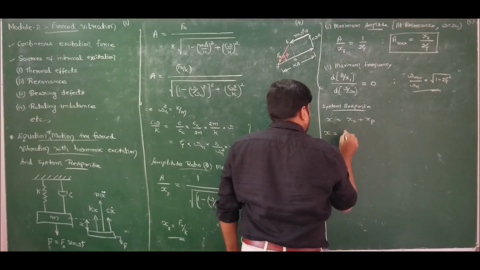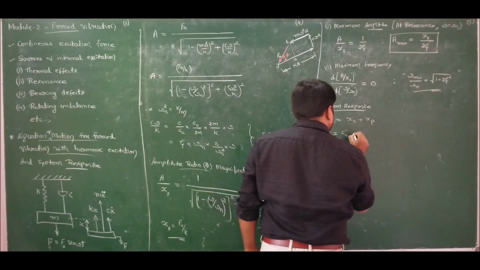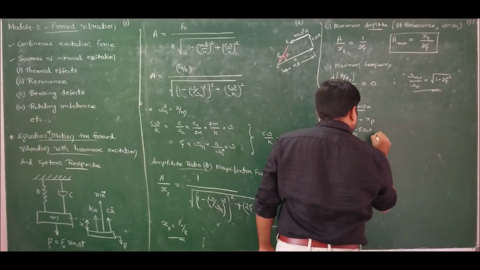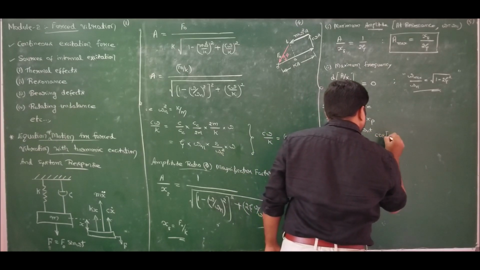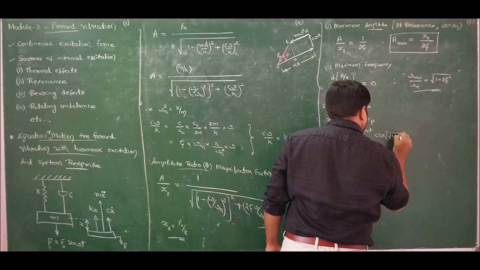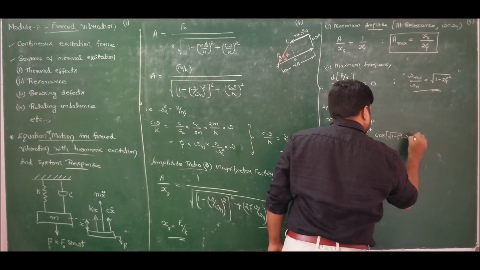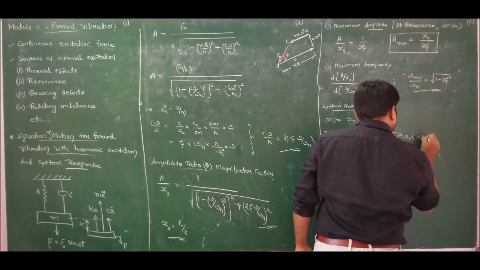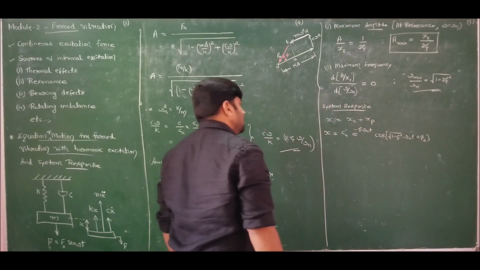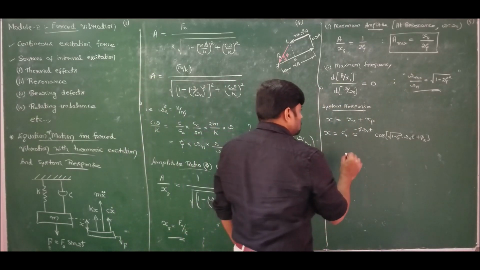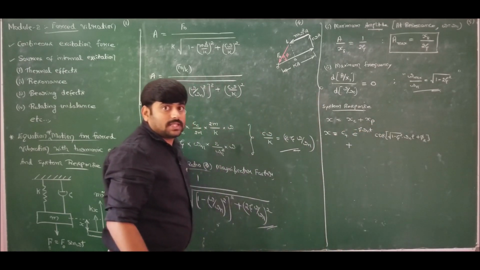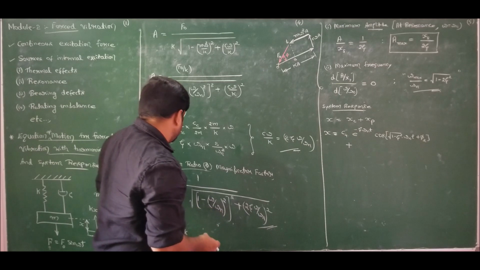So the complementary solution is C4, a constant, e to the power of minus zeta omega n t, cosine of root of 1 minus zeta square into omega n t plus phi 2, plus what is the particular solution? The particular solution is A sin omega t plus phi, correct?